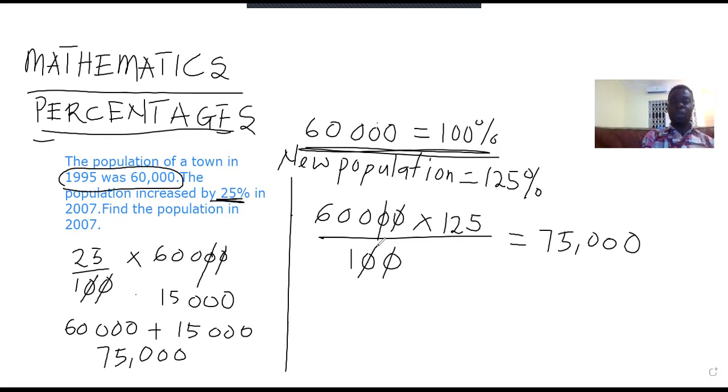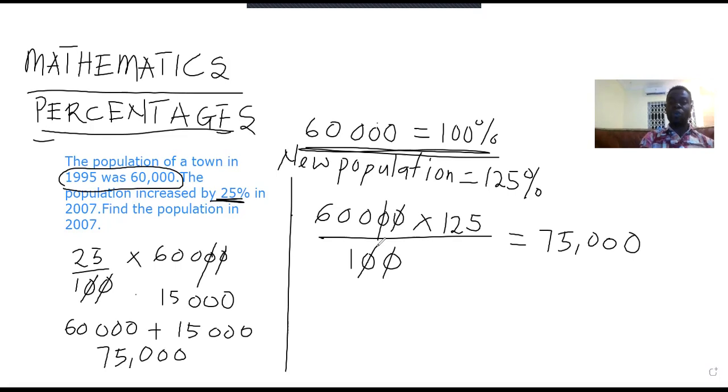So that is 100 plus 25, that gives us 125%. It's under percentage increase, so the new population will give us more, and if more, less divides. So we have 60,000 times 125 divided by 100.